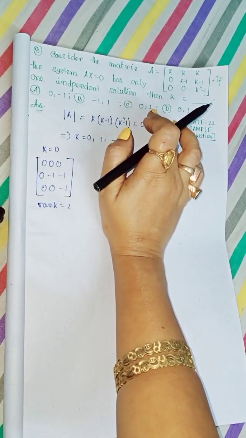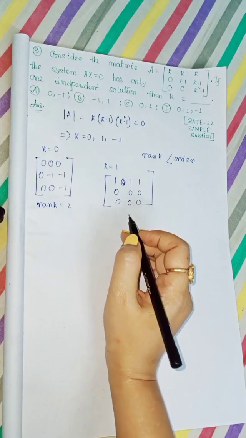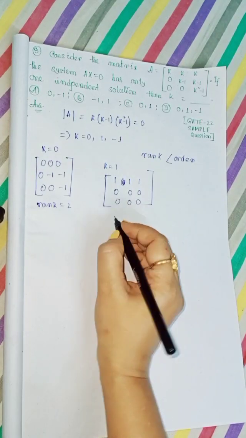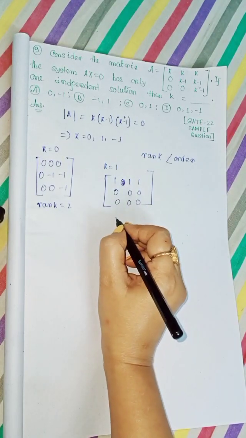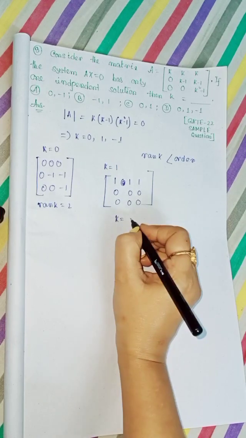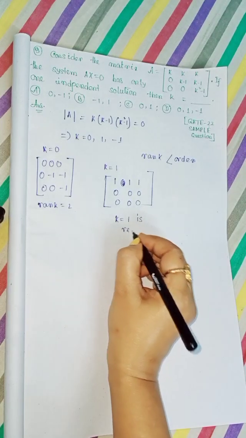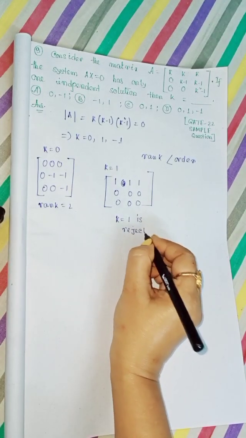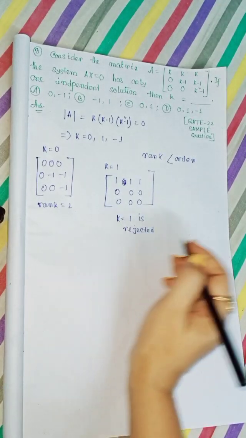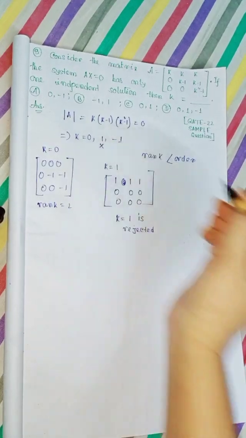So rank is equal to 1 is given in the question and k is equal to 1 is rejected here.